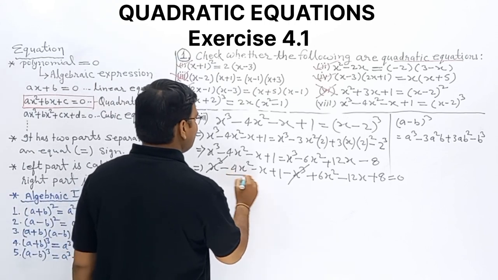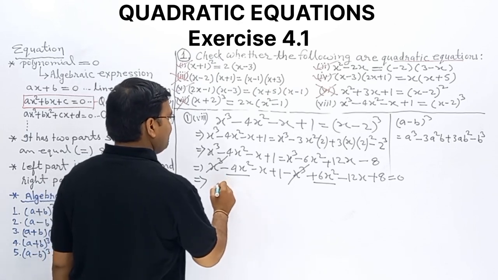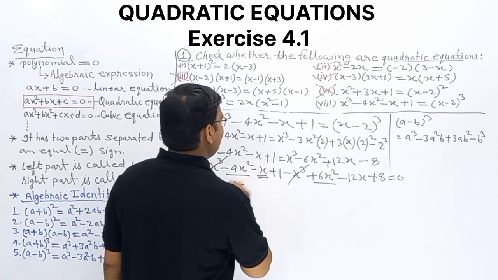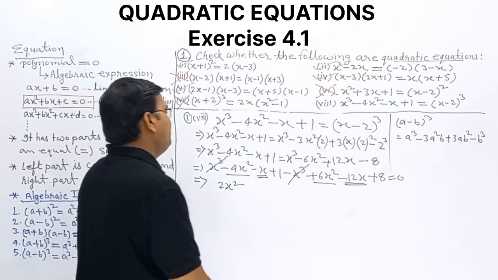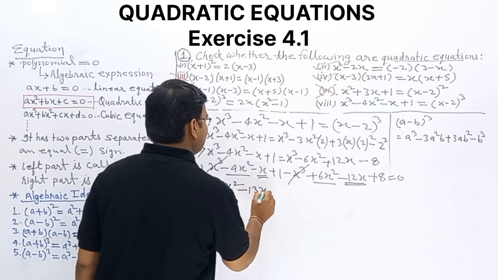The x cube terms are positive and negative, cancelling each other. Now minus 4x square and plus 6x square, so remaining is 2x square. Now the x term: only one minus x, and there is the minus 12x, so we can add to get minus 13x.